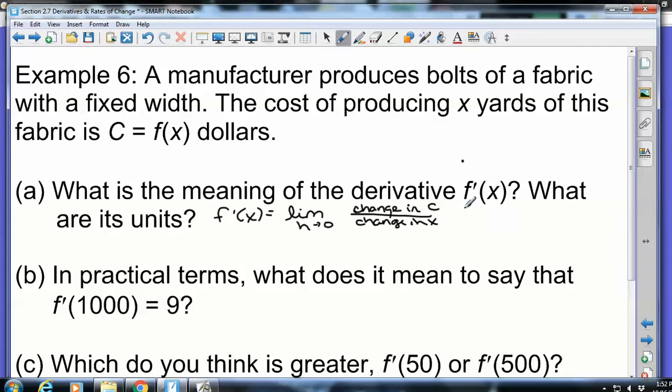So the derivative, this isn't necessarily part of our answer, it's just kind of getting us to think about what we're talking about. It's a change in cost over the change in x, as that change in x is approaching 0. So it's a rate of change.